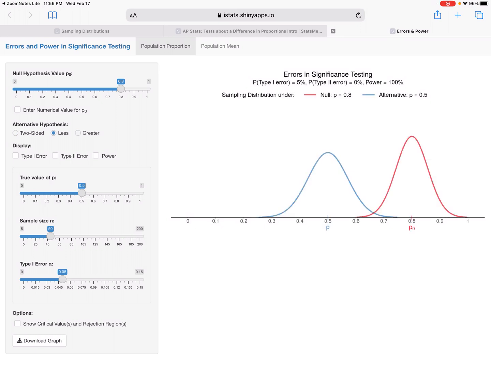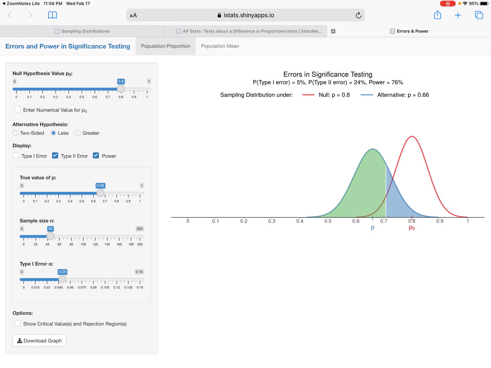And we're going to look at a type 2 error. The true value of P, I'm actually a 66% free throw shooter. Sample size, I shot 50, and we're going to look at a 5% significance level. The type 1 error, as you see right there.